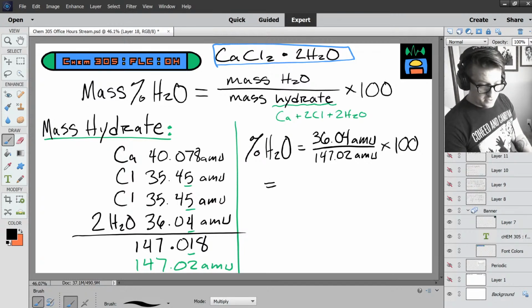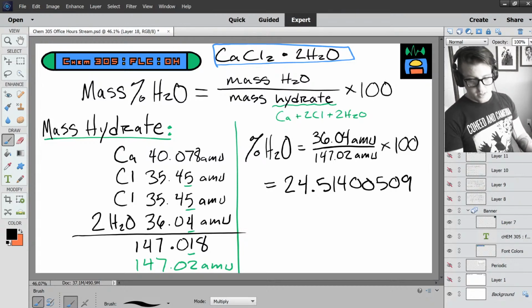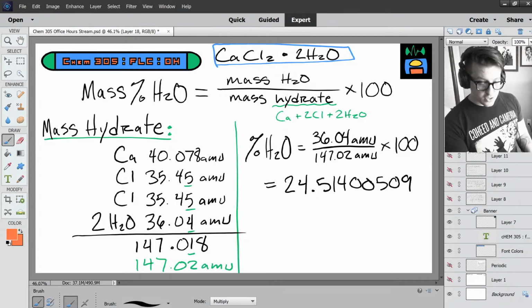And the value that my calculator is telling me is 24.51400509. However, our sig figs are limited by our numerator. We have 4 sig figs in the numerator.